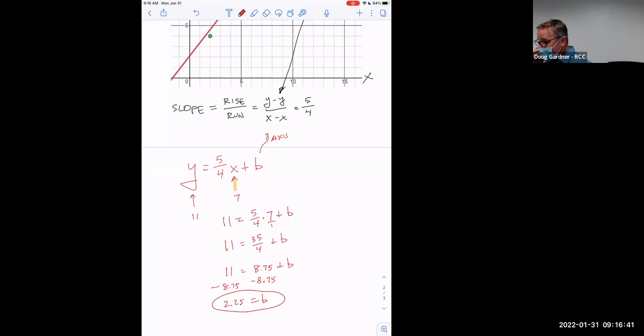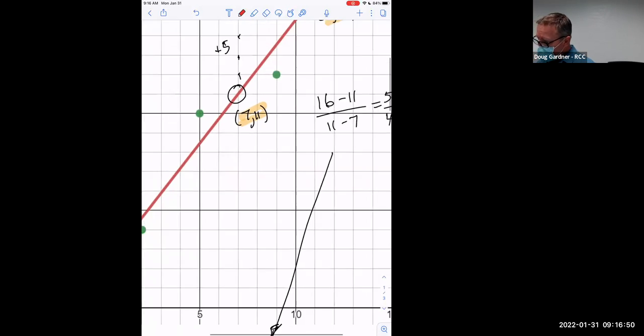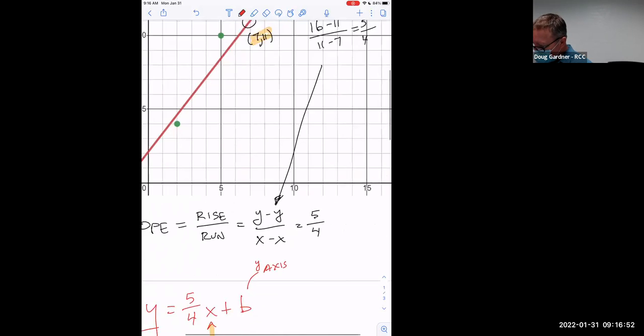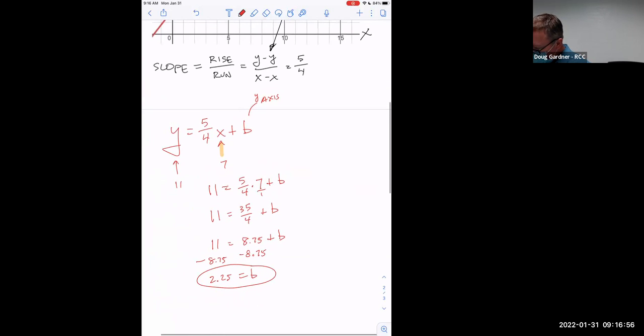It was indeed a hair over 2. I just took one of the points, any one of them. I just picked that one at random. So the end result then is, now that I know what B is, I would say the equation is y equals 5/4 x plus 2.25.